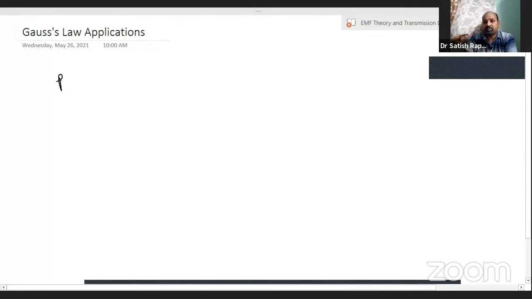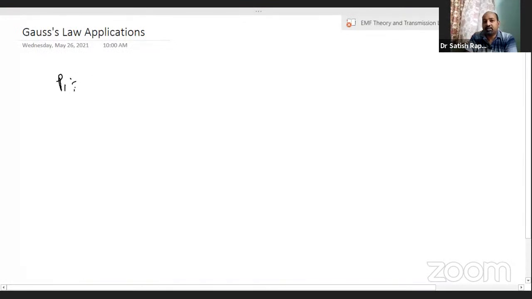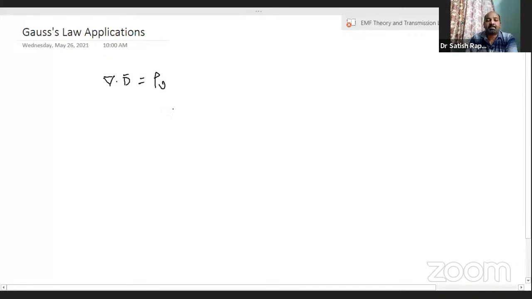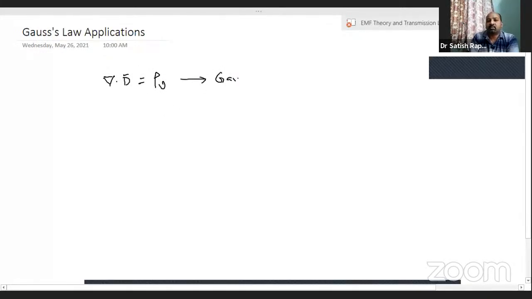Problem 1. Before I do a problem, del dot D bar is equal to rho. This is Gauss law.